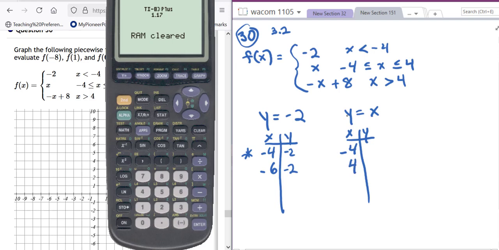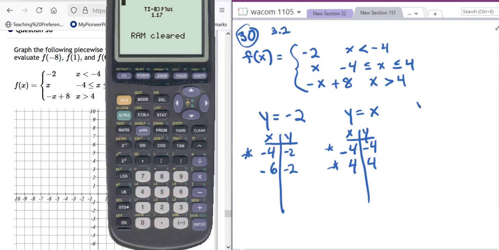And so your y has to be the same as x. So if x is -4, y has to be -4. If x is 4, y has to be 4. Both of those we are going to include that endpoint. So this one is actually going to give us a line segment instead of a line. And they will have closed circles.